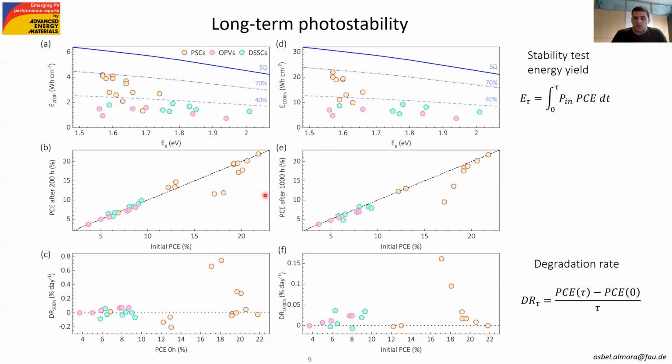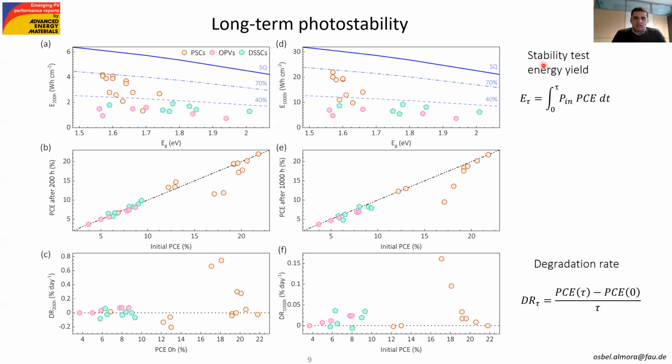Also, it is very common that people report long-term photostability without reporting the initial values. So you just plot some normalized graphs, and some authors forget to put the initial conditions, or the properly described conditions of the stability test. So we cannot provide a proper comparison between the different points here.